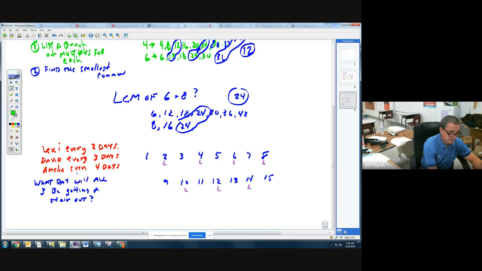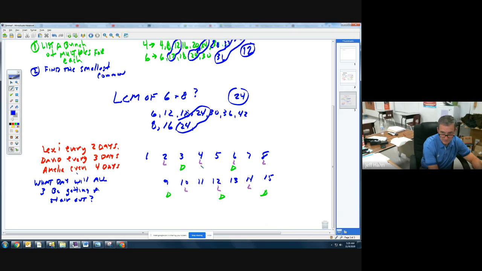Alrighty. David gets his haircut every 3 days. So David gets his haircut here on day number 3. Day number 6, look, Lexi and David both get their haircut on that day. David gets his haircut on the 9th day, the 12th day, and the 15th day. And then we have Amelia getting her cut every 4 days.